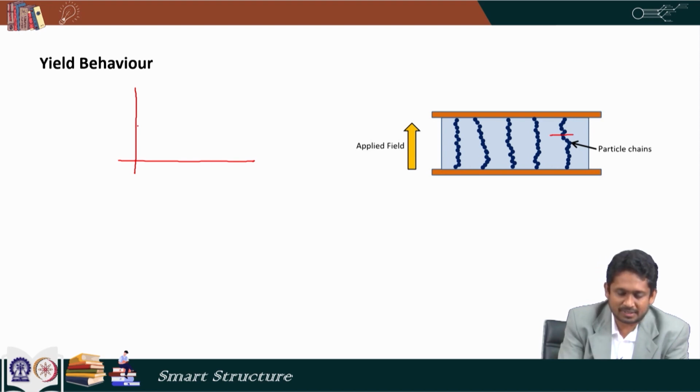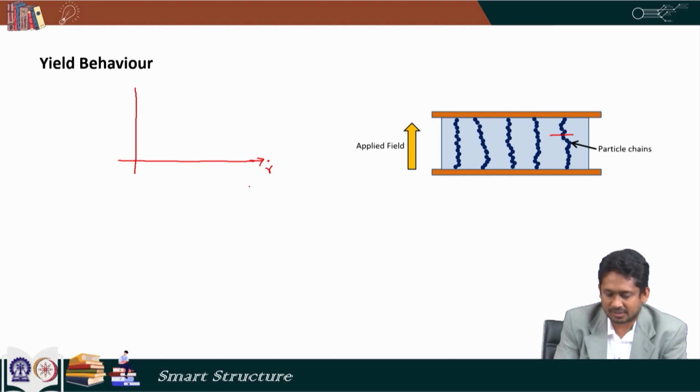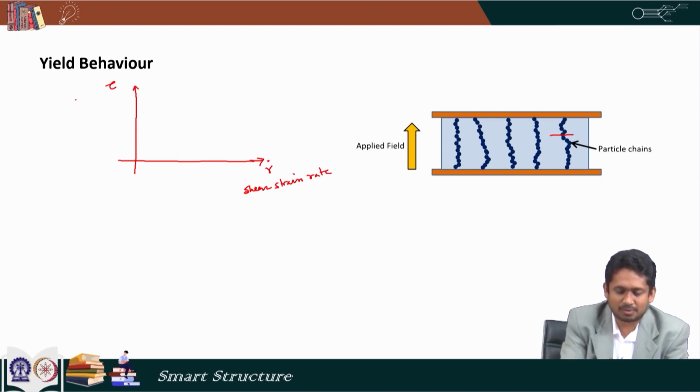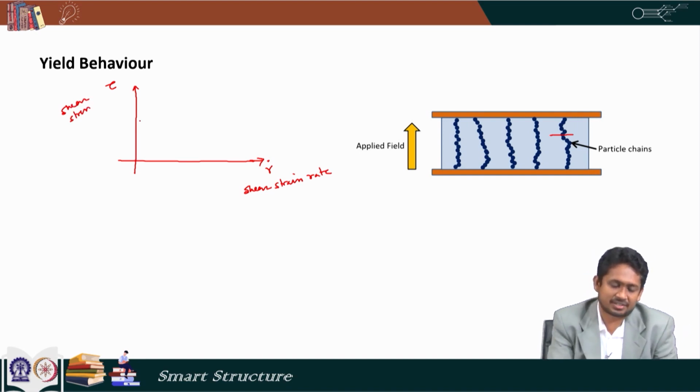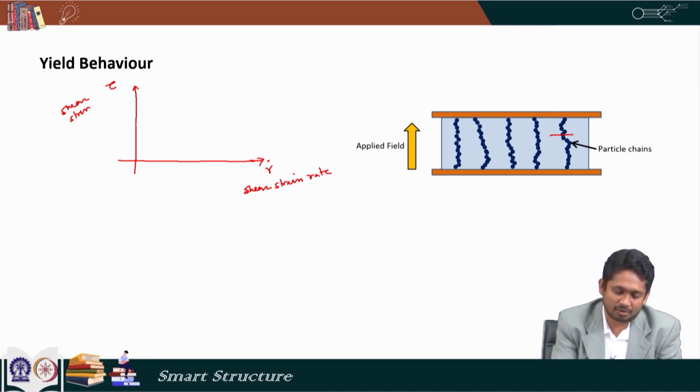So, if I keep increasing the stress, if I plot gamma dot as the shear strain rate, and along this axis if I plot tau, the shear stress, then until the shear stress reaches some value, equal to the strength of the chain, there is no flow possible.